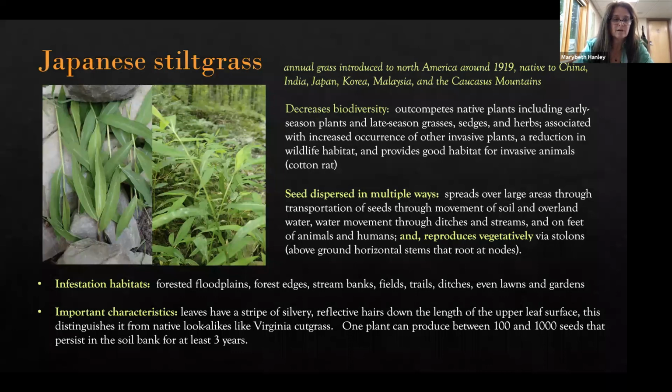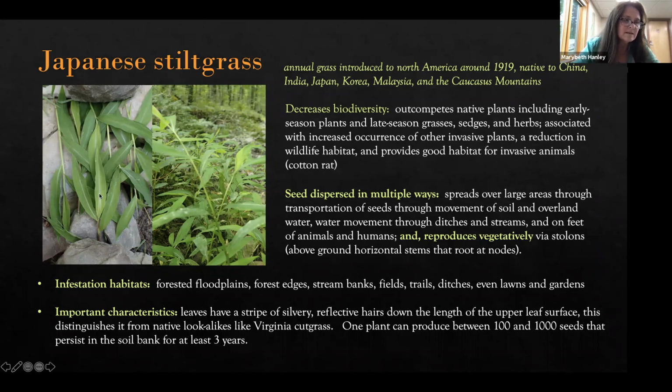It also reproduces vegetatively by stolons, which are above-ground stems that have nodes that root, sort of like a strawberry. It grows along streams, forested floodplains, stream banks, fields, trails, and ditches. You can even find it in lawns and gardens.